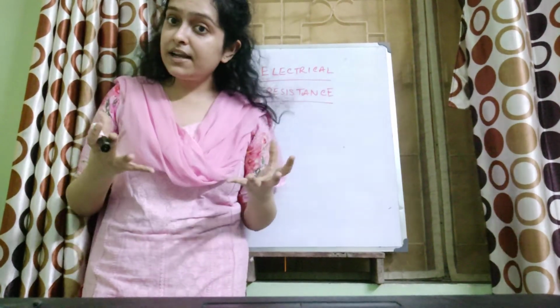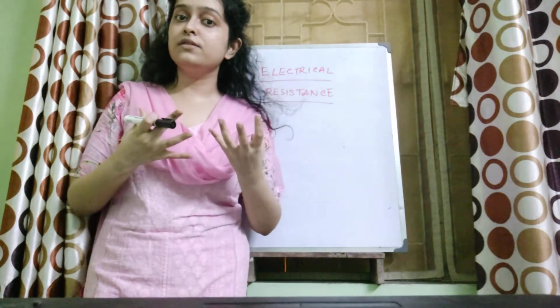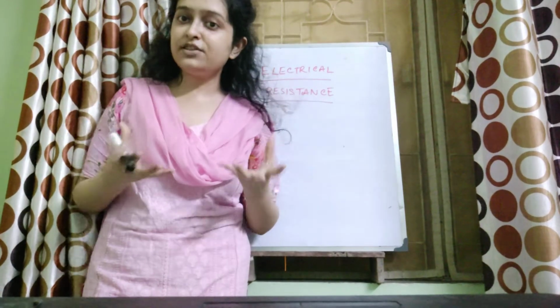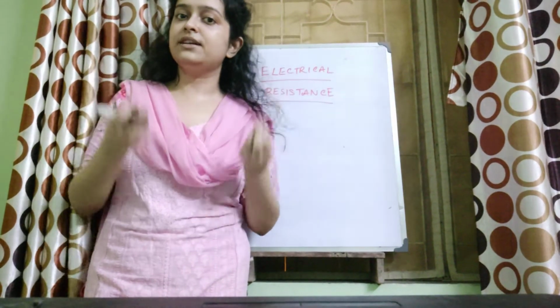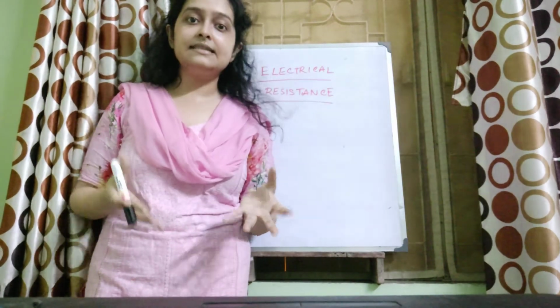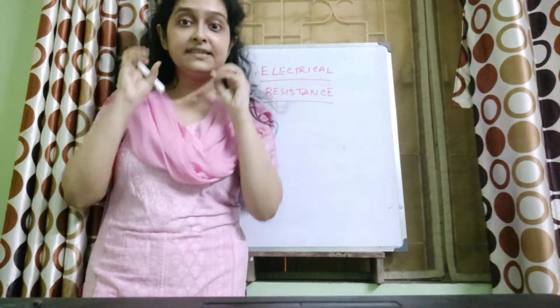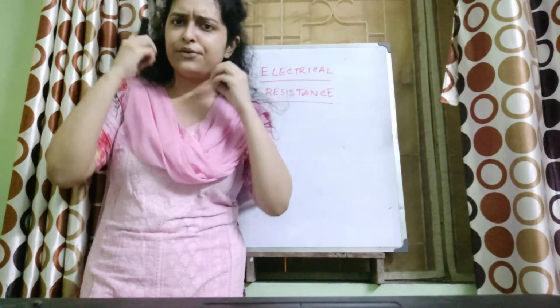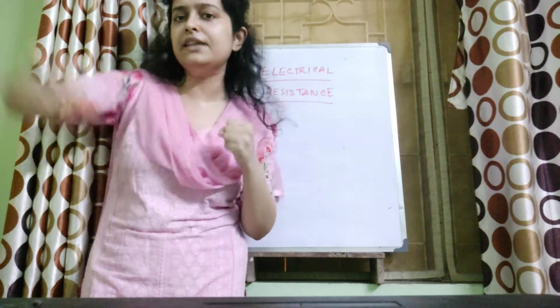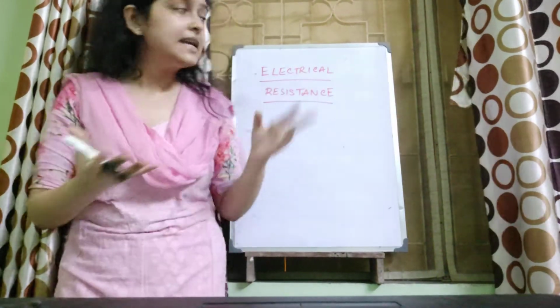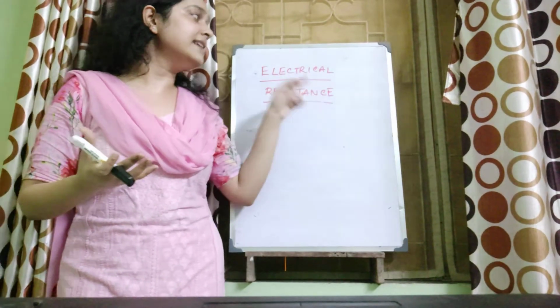So what did we learn? The flow of electrons, the flow of charges, constitutes electric current. So this property of a substance by which it can resist the flow of electric current through it is nothing but electrical resistance.